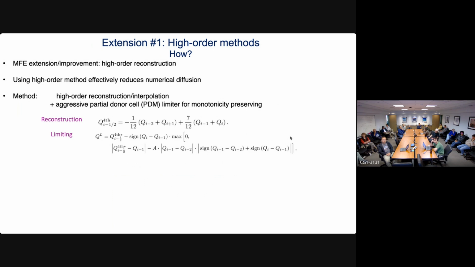Then we apply a very aggressive partial total variation method, also used in the RFM and the Gamera code, for preserving the monotonicity of the solution near the shocks and discontinuities, and make sure there are no oscillations near the shocks.